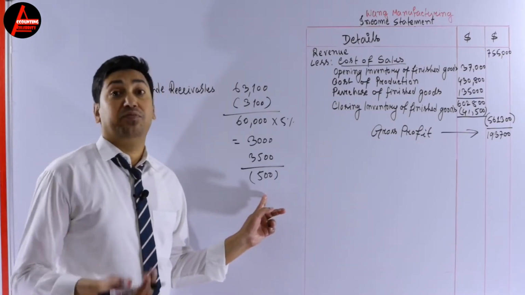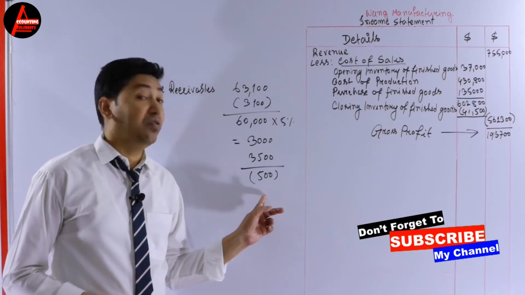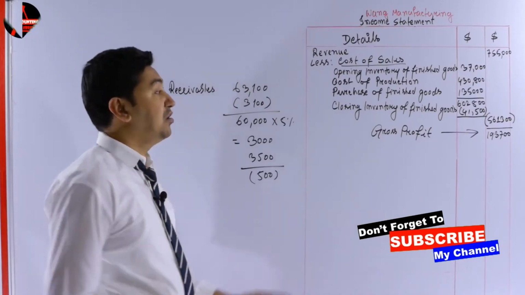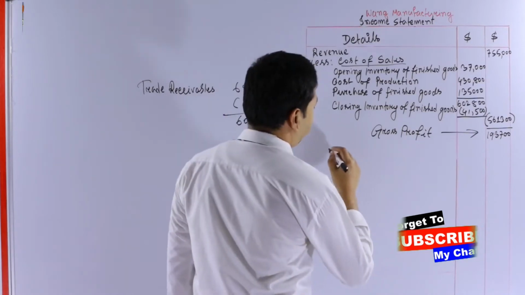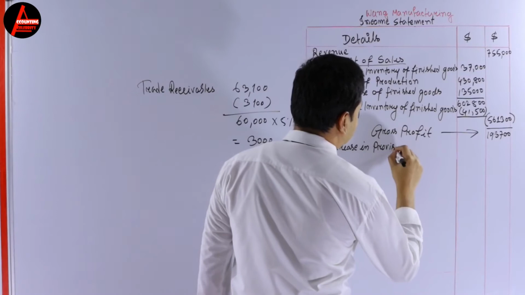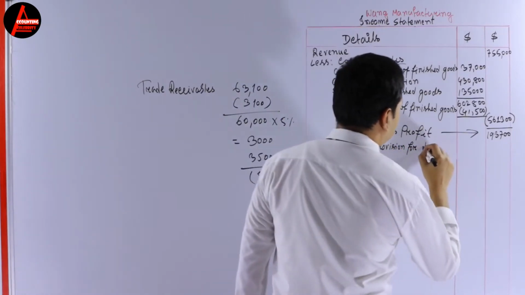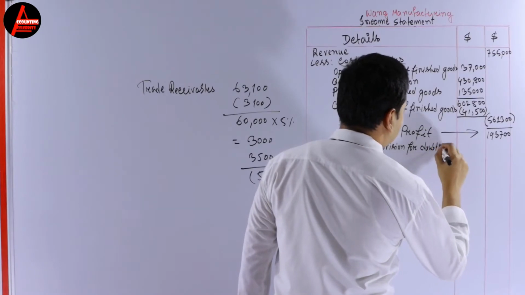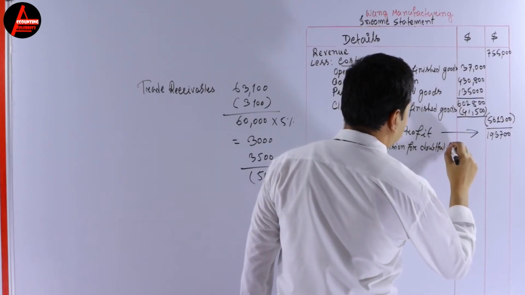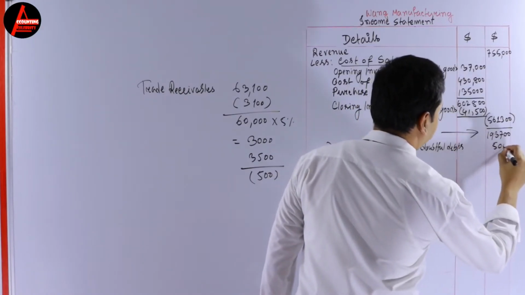Okay, so when provision for doubtful debt is decreased, we have to consider this value as an income. Okay, so let us write here decrease in provision for doubtful debts. Okay, so it is $500.